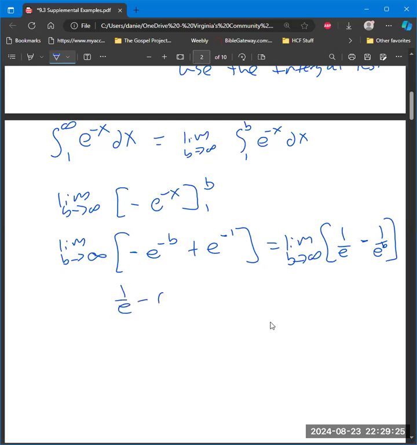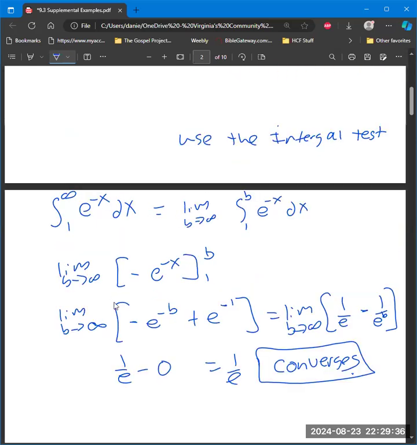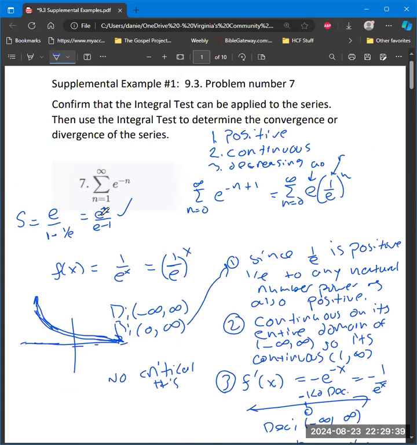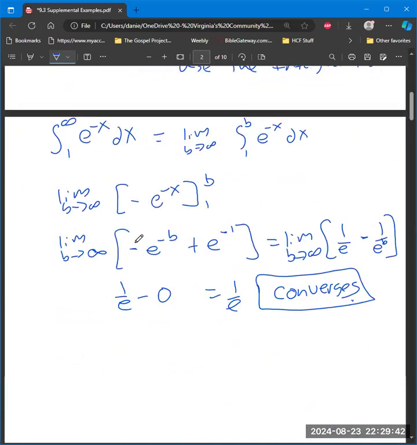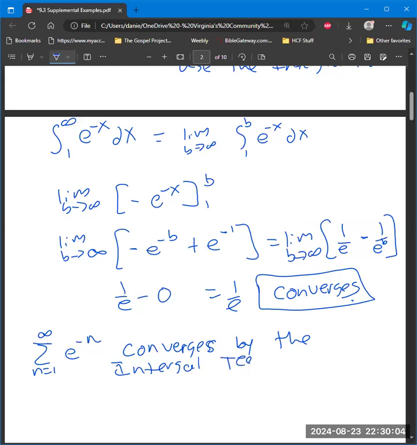That's 1 over e minus 0, which is 1 over e, and it converges. So you can see that the integral converges, the series converges, but they don't necessarily converge to the same thing. So the summation from n equals 1 to infinity of e to the negative n converges by the integral test.